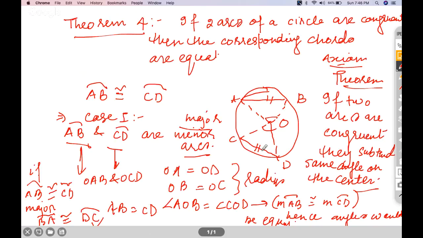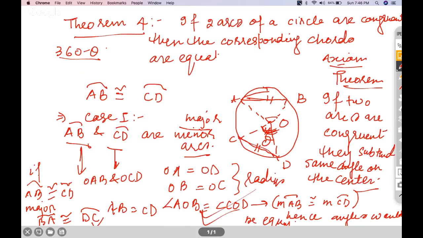And once you write it, the angle again becomes same. So if this angle you assume to be theta, the other angle would be 360 minus theta. You can prove by the same method that this would be same, hence the chords would be same.